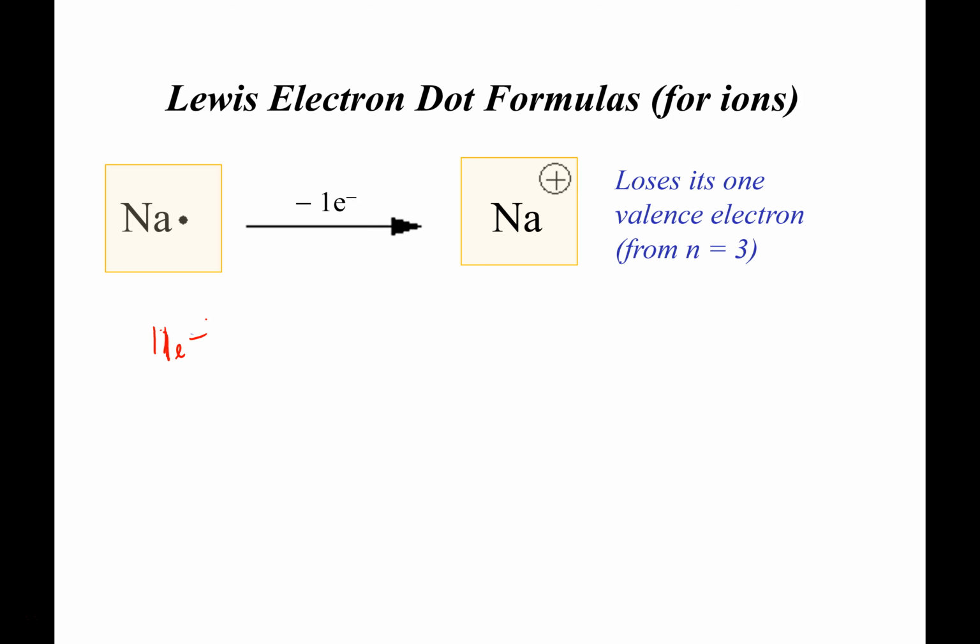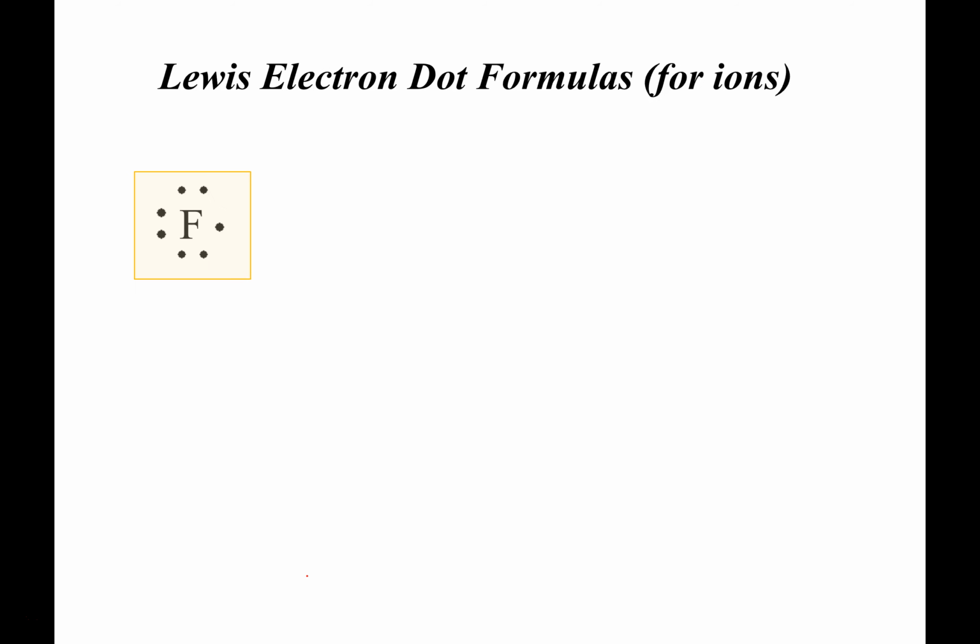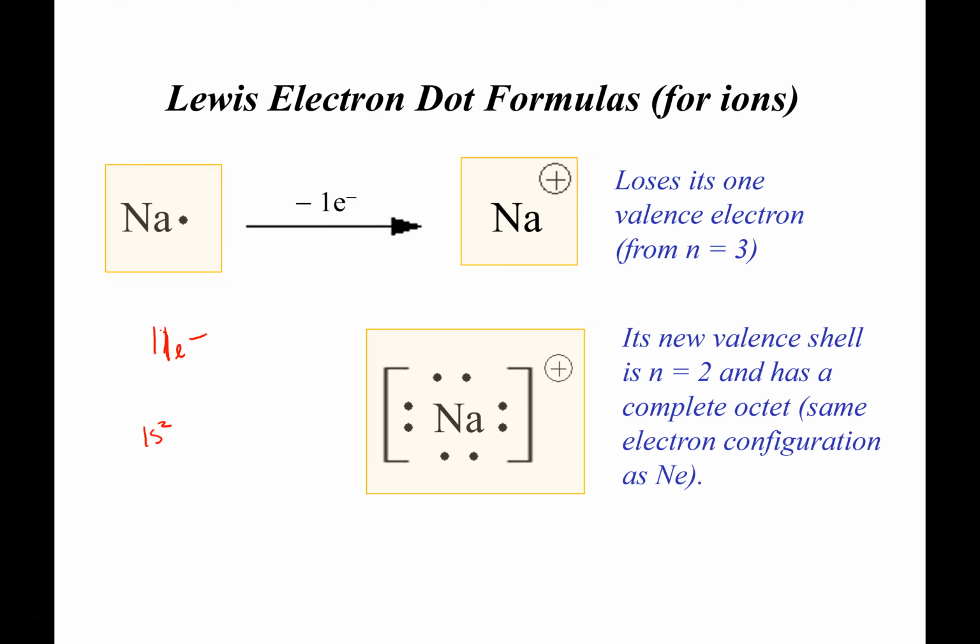I think you guys did pretty well on this part of the test, where we could say how those 11 electrons are configured, and it would look like this: 1s2, 2s2, 2p6, and then 3s1. So that 1 valence electron is like this.